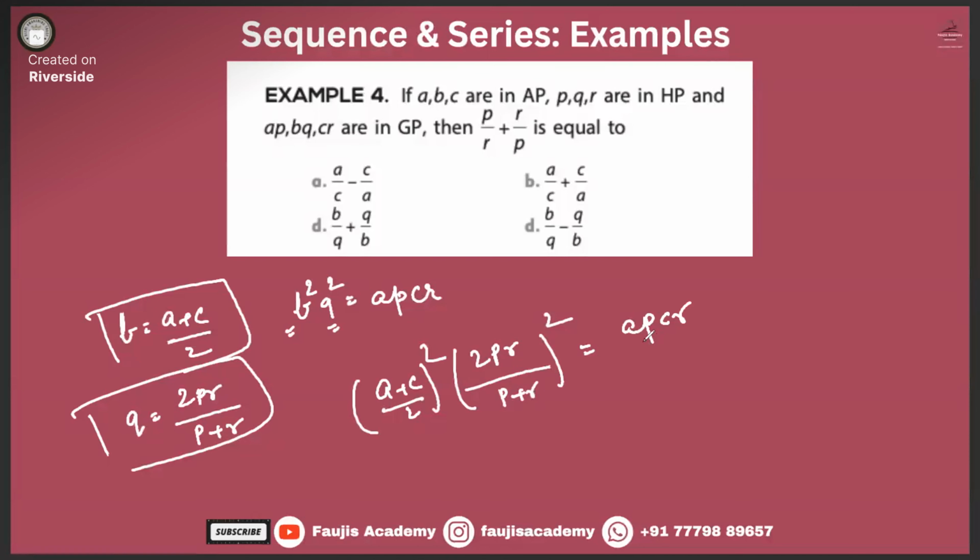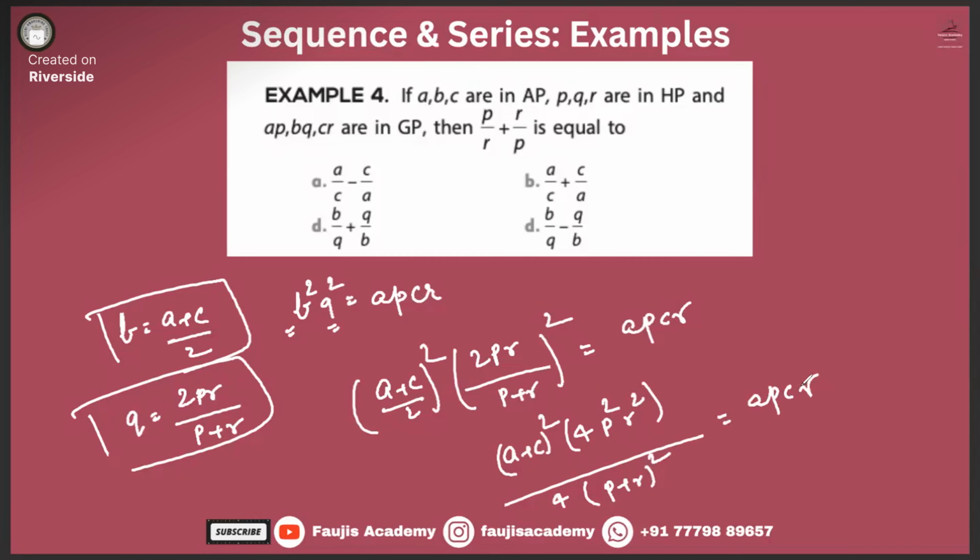Which is nothing but A plus C whole square into 4P square R square divided by 4 into P plus R whole square, which is equal to APCR.